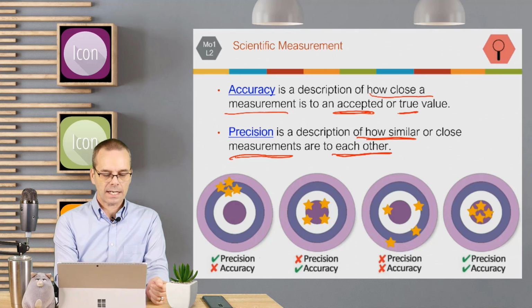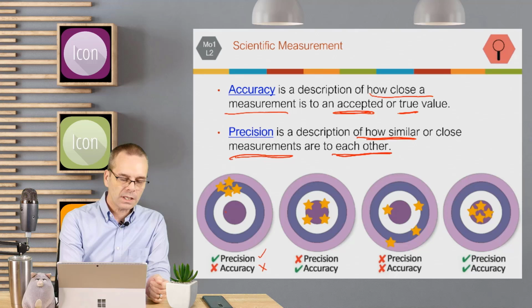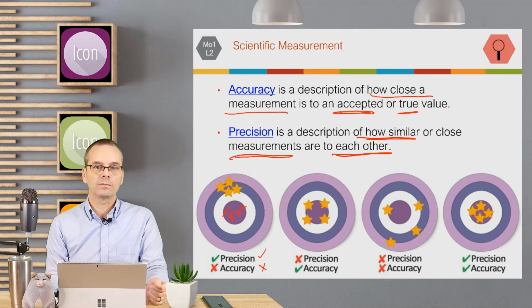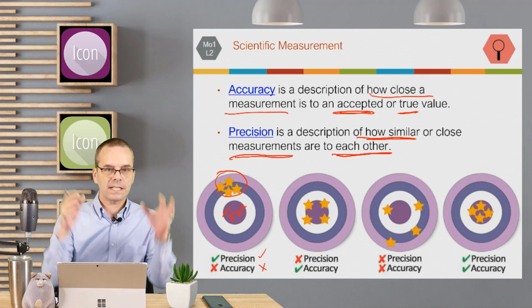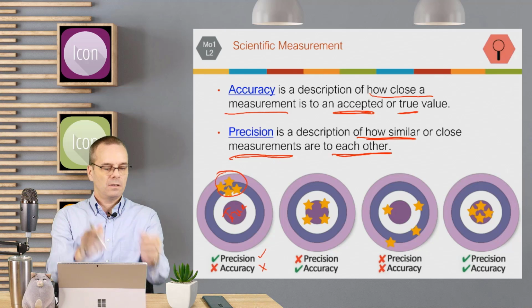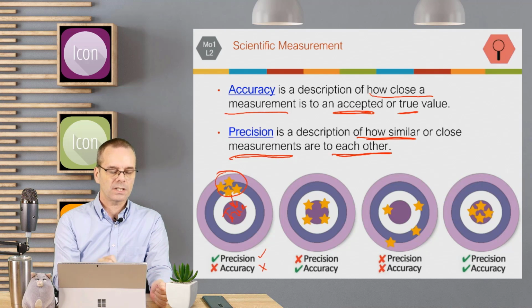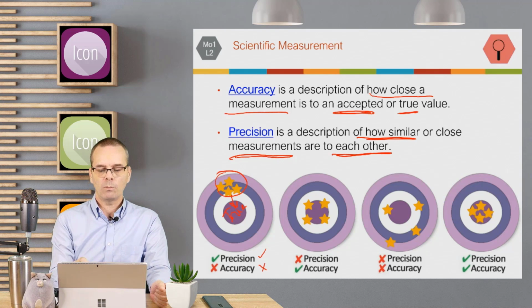You can see it says it's got good precision, but poor accuracy, because this is the true or accepted value. So it's very precise because everything is together, but it's not very accurate because it's very far away from the accepted value.